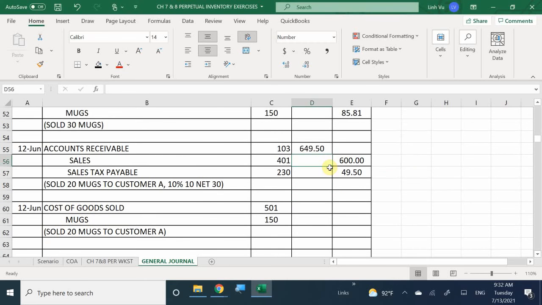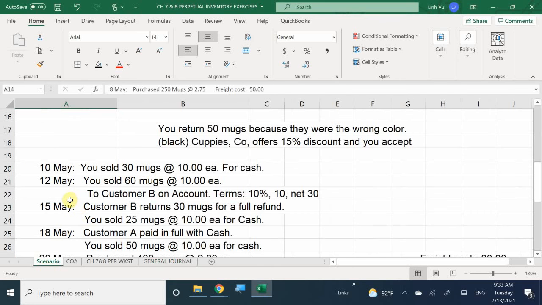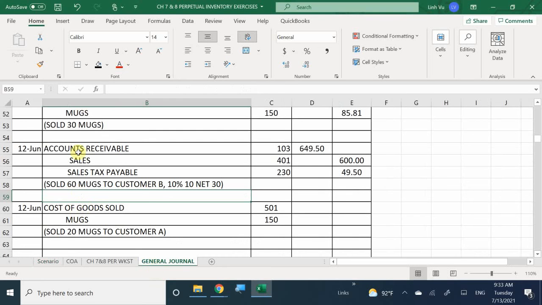Now let's take a look here. Let me fix my information: sold 60 mugs to customer B. And terms should be the same as well. I give all my customers the same terms, so 10%, 10, net 30. So there we have the first half of my equation here.